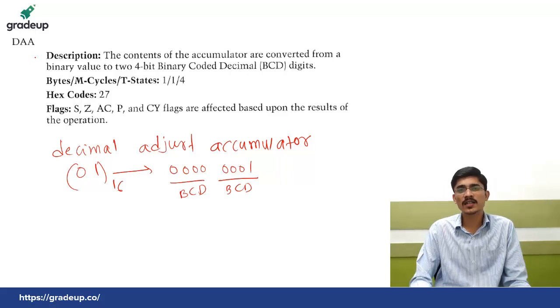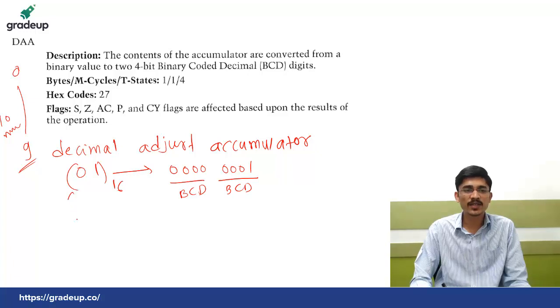In digital electronics, Abhishek sir must have explained what BCD numbers are, but let me tell you, from 0 to 9, that is a total of 10 numbers, are the only valid BCD numbers. After 9 we don't have a valid BCD number.